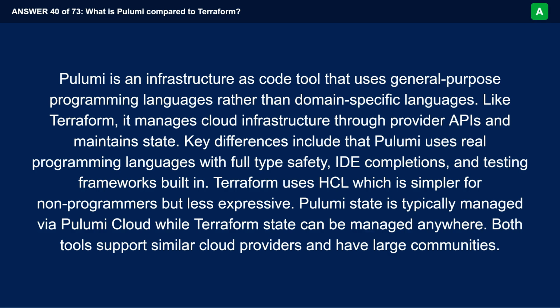Key differences include that Pulumi uses real programming languages with full type safety, IDE completions, and testing frameworks built in. Terraform uses HCL, which is simpler for non-programmers but less expressive. Pulumi state is typically managed via Pulumi Cloud, while Terraform state can be managed anywhere. Both tools support similar cloud providers and have large communities.